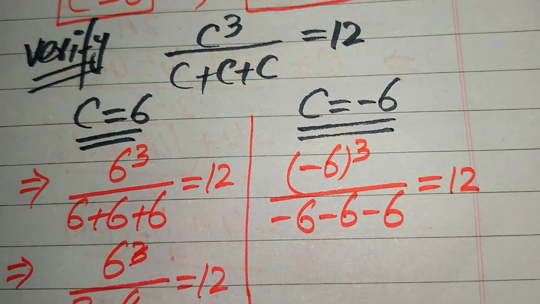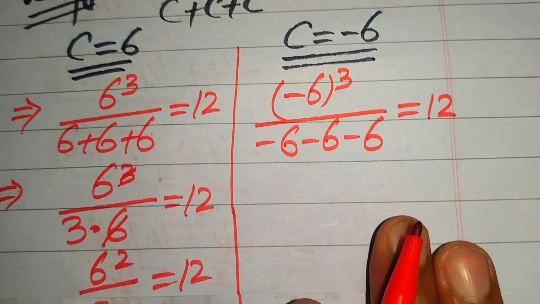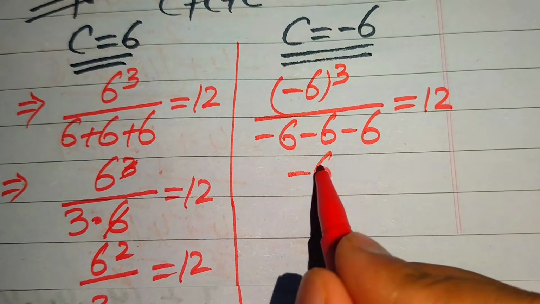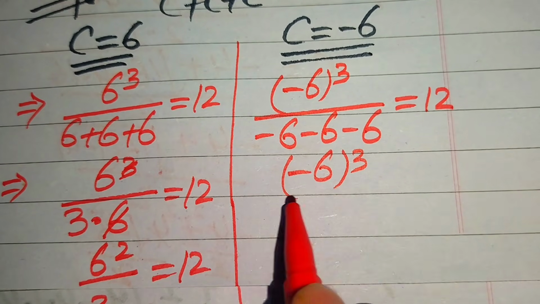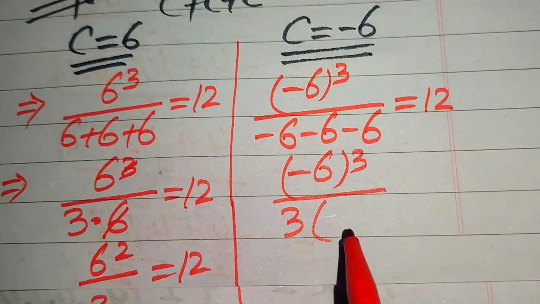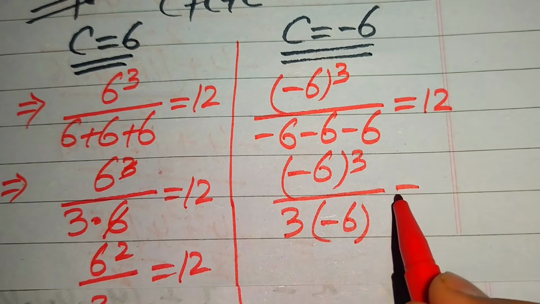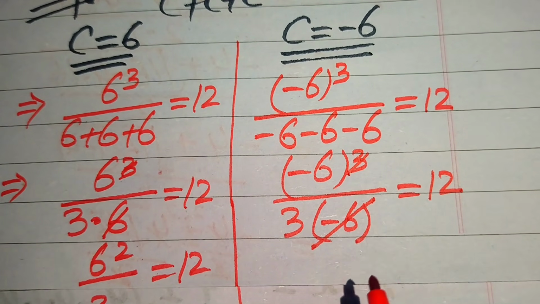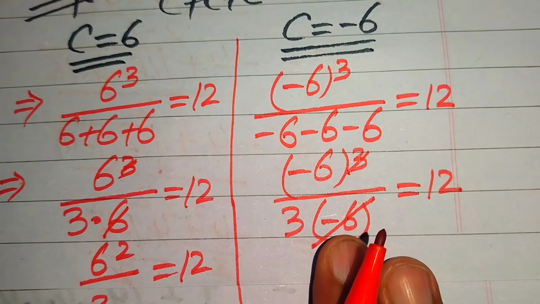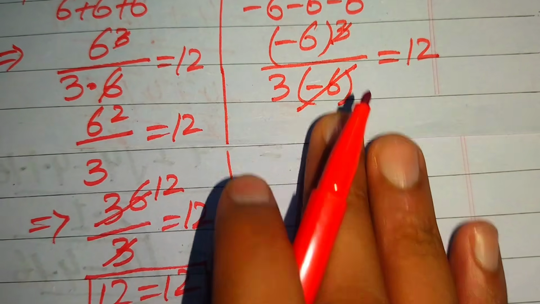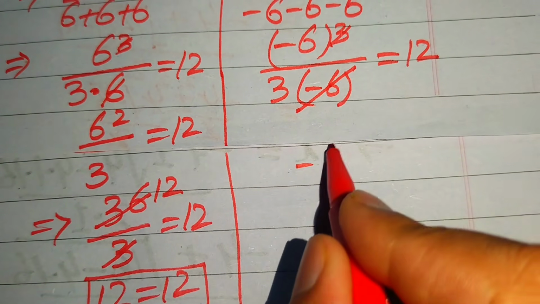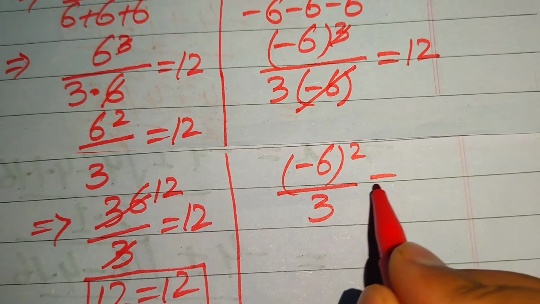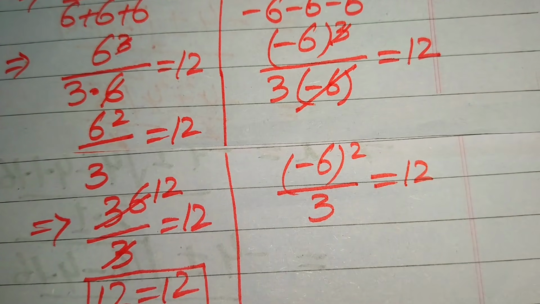And now in the next step, you see that minus 6 is added 3 times, so we write it as 3 times minus 6, and this is equal to 12. This minus 6 and this are cancelled out by each other, and for the remaining values we get minus 6 square divided by 3 is equal to 12.